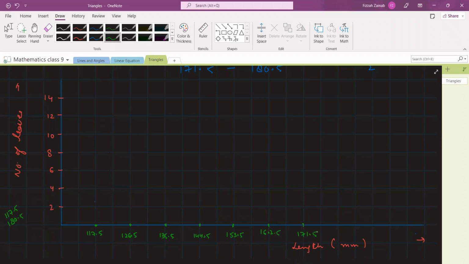Have I missed anything? Sorry, this is 162.5. Okay, right? So your intervals are 117.5 to 126.5, 126.5 to 135.5. Can you see that on the x-axis?